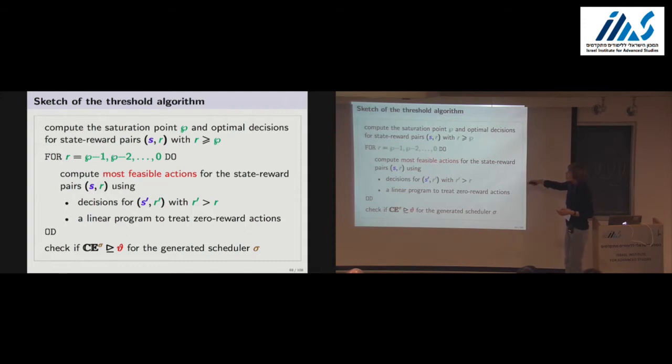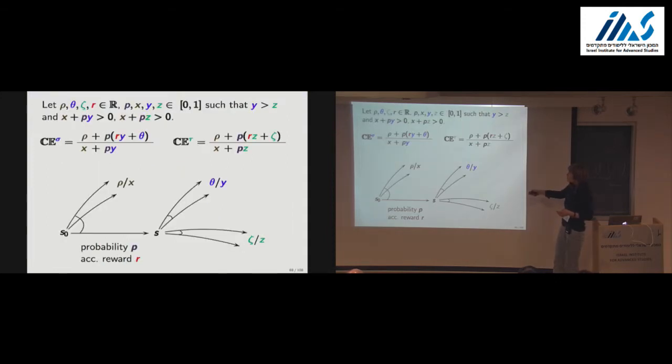Now, to give you an idea for these most feasible actions, suppose we reached level R and we know the optimal decisions or good decisions for levels R plus 1 and so on, and all higher levels. So here we are, this is the initial state. We start with accumulated reward 0.